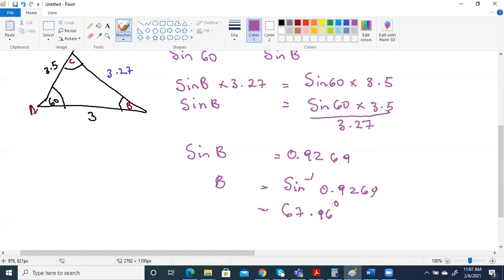I'm going to just round it off to 2 decimal places. 67.96. So this is what we get for our angle B right here using the sine rule, right?